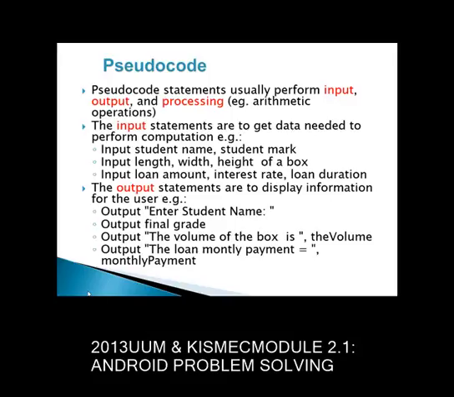And then what is the output needed to display for the user or to print out to the user? For example, you want to request the user name, so you need to tell the user, please enter your name, please enter your interest rate, please enter length, width, height. That kind of information is for the user to understand that they need to input something into the application.